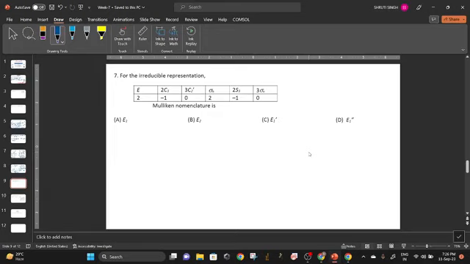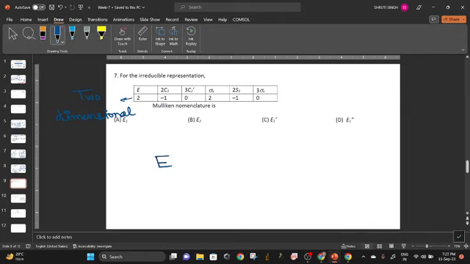Okay, now this is the same thing. We have to find the Mulliken symbol. Here the character under E is 2, which means it is a two-dimensional representation. The first thing we need to see to decide the Mulliken symbol is the character under E, whether it is 1, 2 or 3. If it is 1, we will go with A or B. If it is 2, it is a two-dimensional representation, so the Mulliken symbol will be E itself.